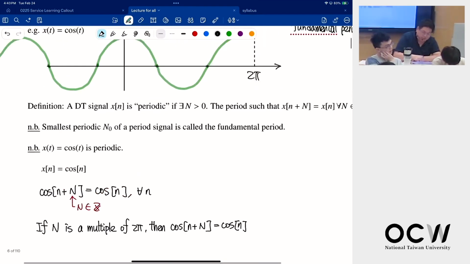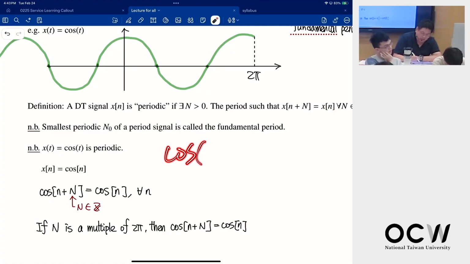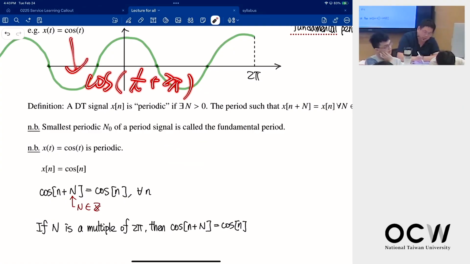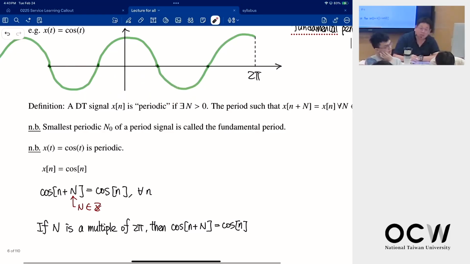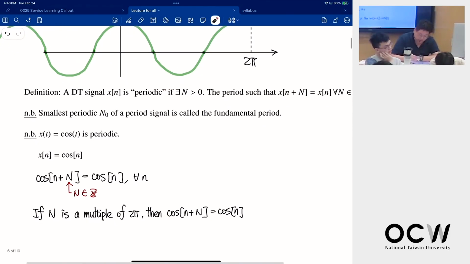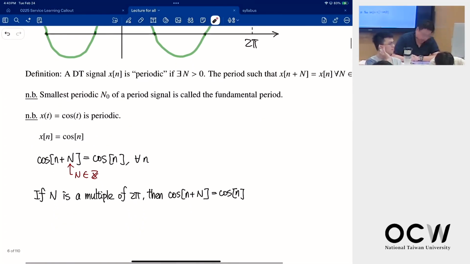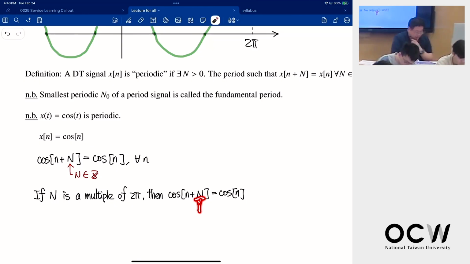Because we know cosine of t plus 2 pi is cosine t. Similarly, we can apply that to the discrete case. We need n plus something like 2 pi. However, this is impossible because N should be an integer.